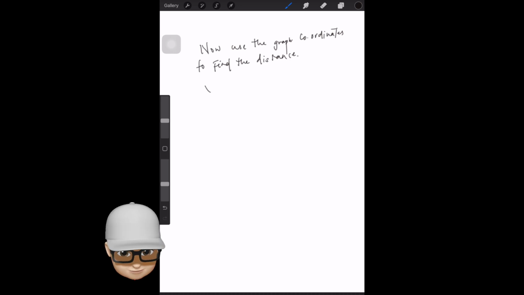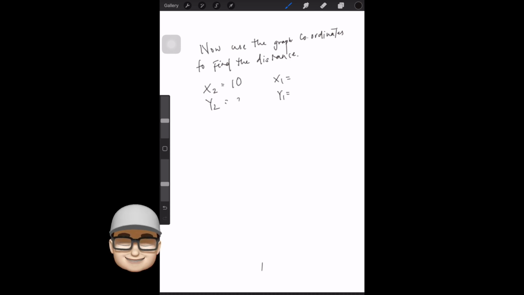So now let's write down the formula. First write down the coordinates. We know x2 and y2 and also we have x1 and y1. So now the formula that we have can be substituted with these values. We know x2 is 10, y2 is 8, x1 is 6 and y1 is 4.